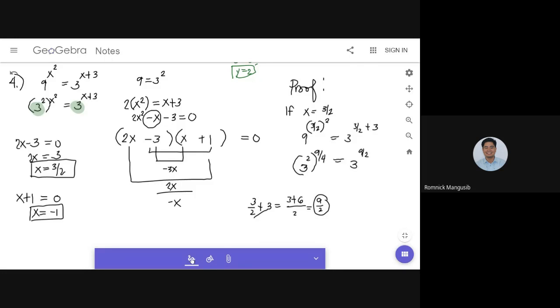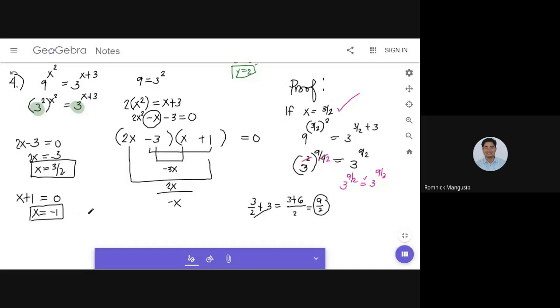And papapansin natin, class, dito, itong 2 na to at saka yung 4, no? 2 divided by 4 in lowest term is 1/2. So this is 2. And we can now say that 3 raised to 9 over 2 is equal to 3 raised to 9 over 2. So we are satisfied. This really is a solution. What about the other?